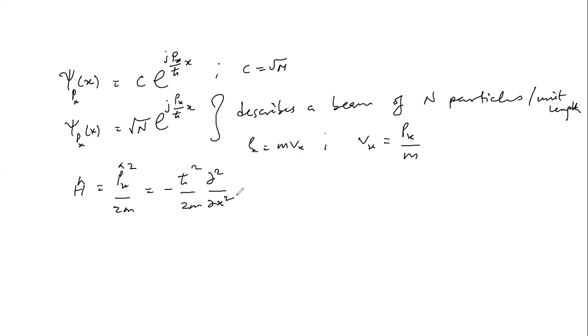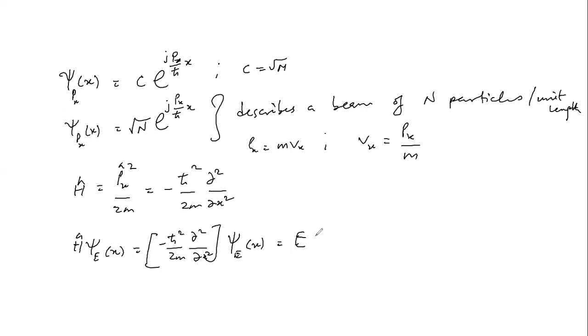So with this, the corresponding time-independent Schrodinger equation will now become h cross psi_E of x will be the same as negative h cross squared over 2m d squared dx squared psi_E of x, which is the same as E psi_E.